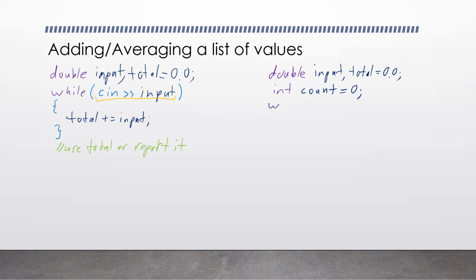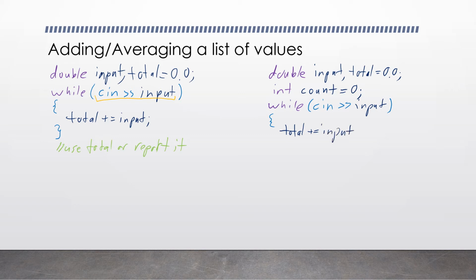Now while we use this cin input trick again, while cin to input is a valid double, this time we're going to total plus equals input.